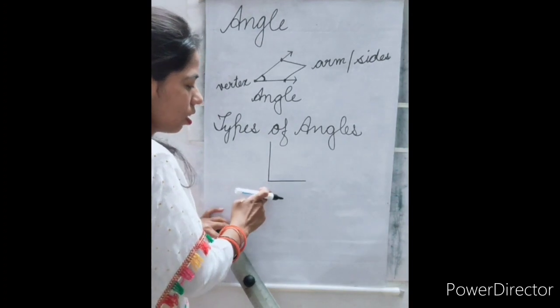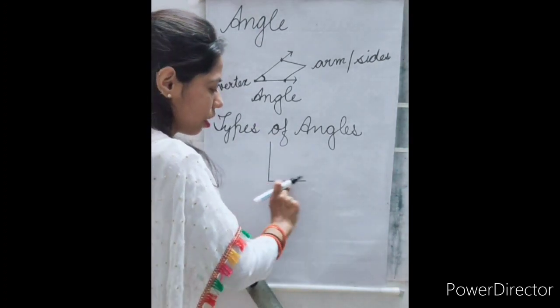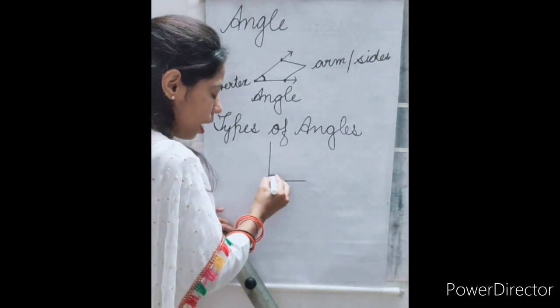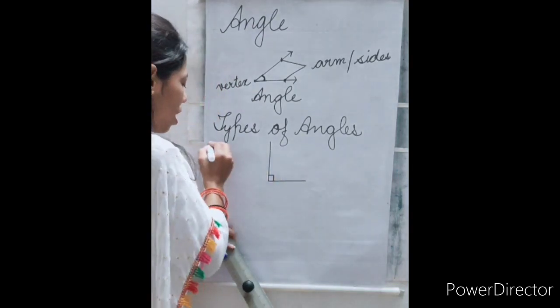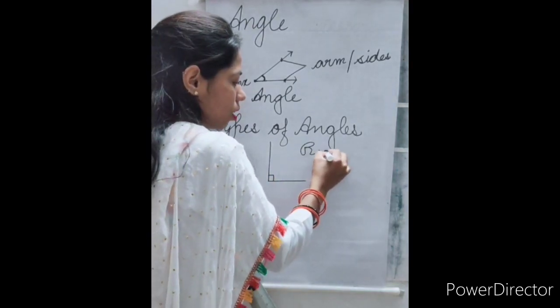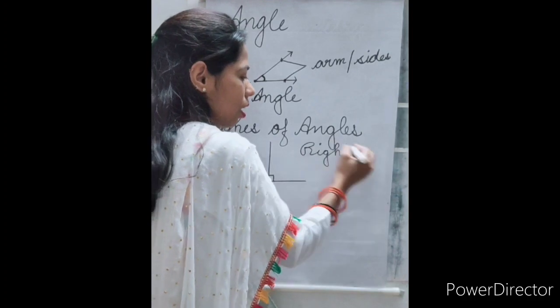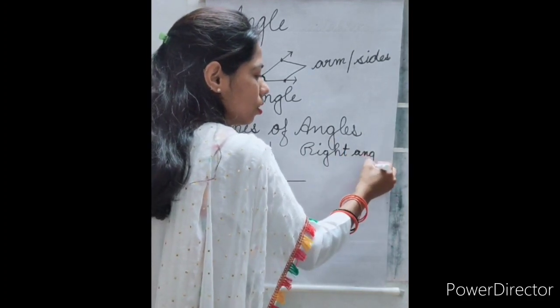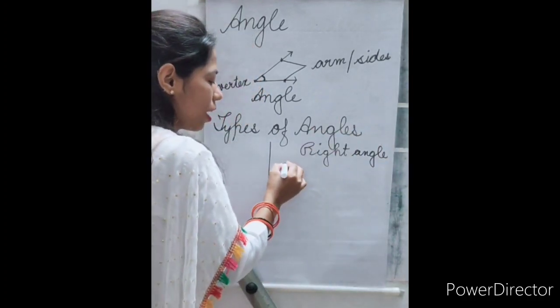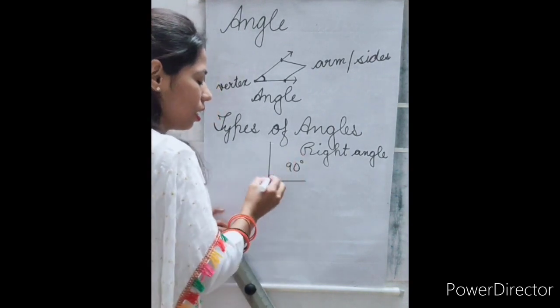When a straight vertical line and a straight horizontal line meet, the angle formed is called a right angle. The measure of a right angle is 90 degrees.